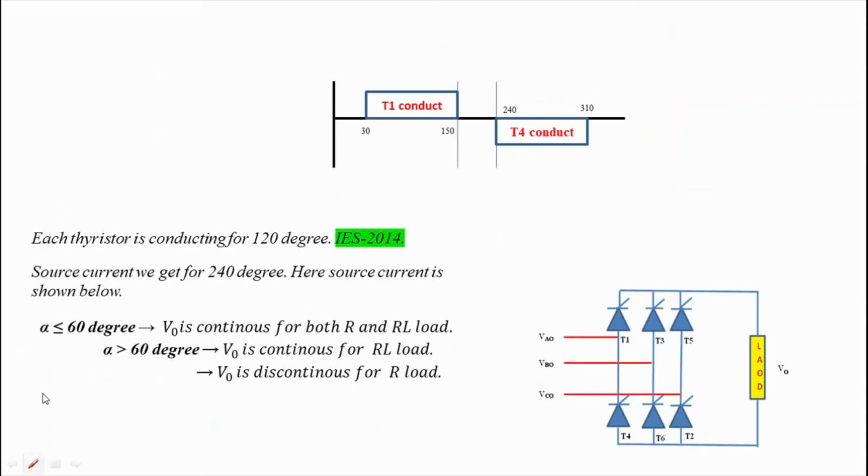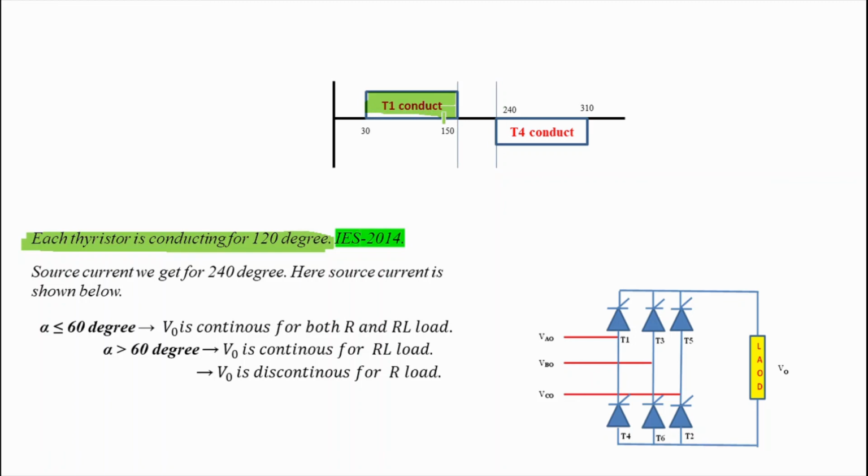What more conclusions can we draw from this lecture? First, each thyristor conducts for 120 degree, as already explained. When a thyristor conducts, current flows through it. Here we can see the triggering sequence.